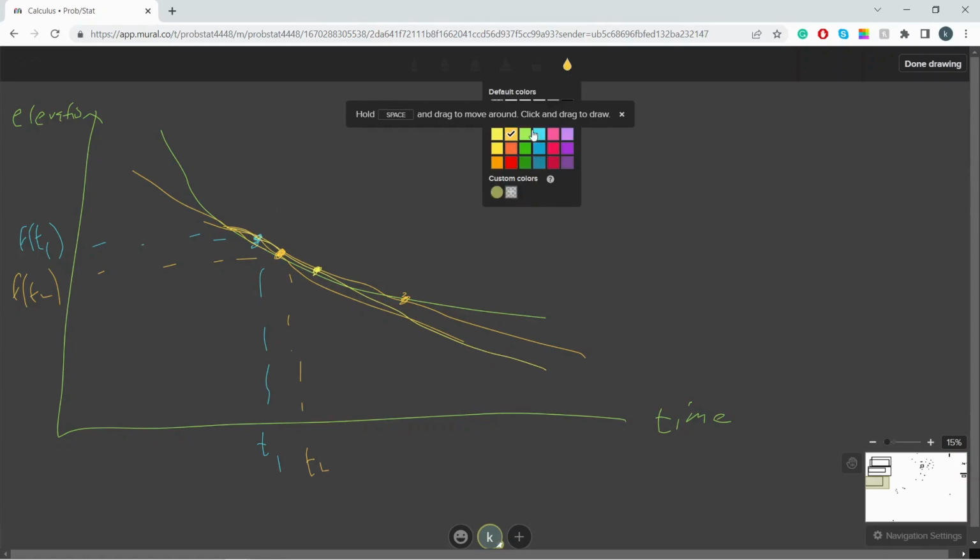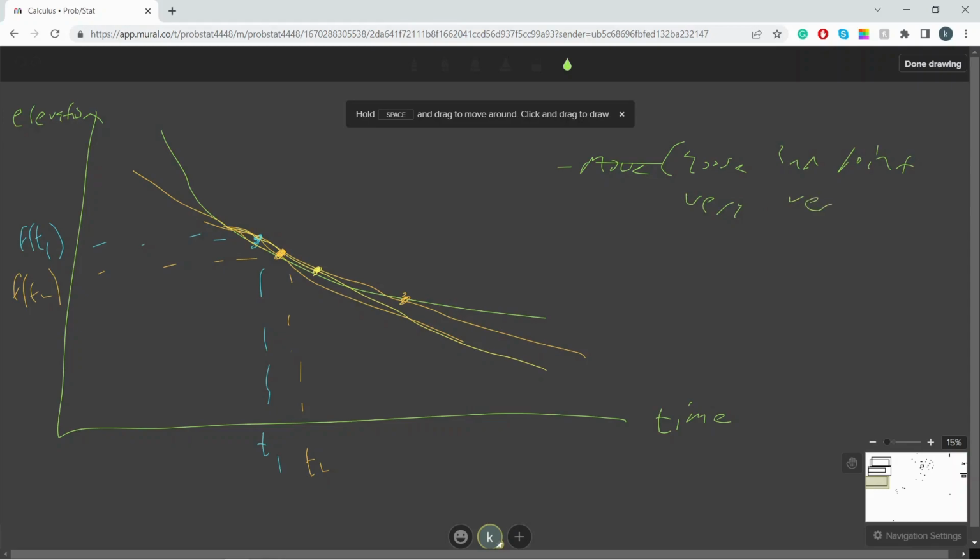So what is the summary of what we discovered here? Well, we discovered the following: choose a second point very, very close to the point we want the rate of change at.